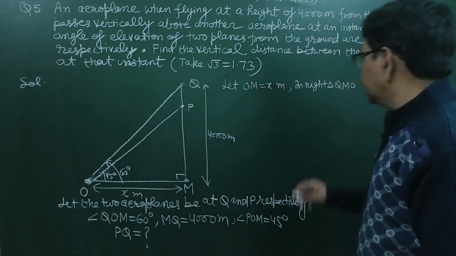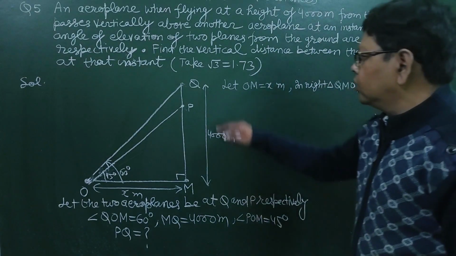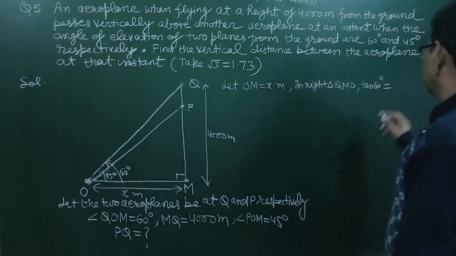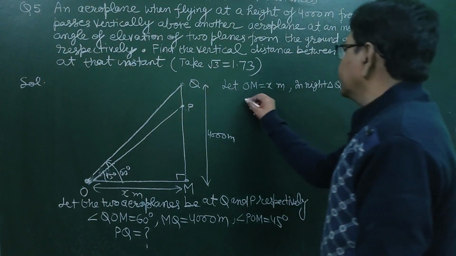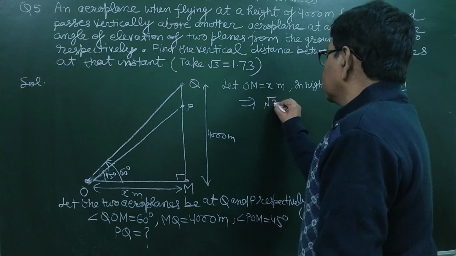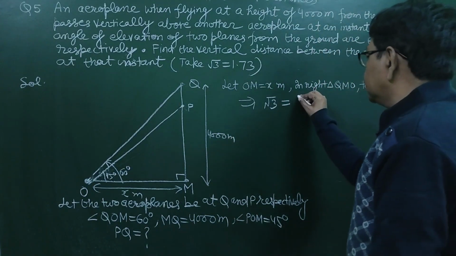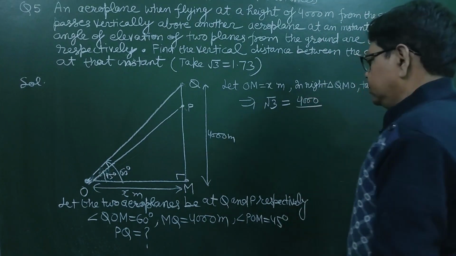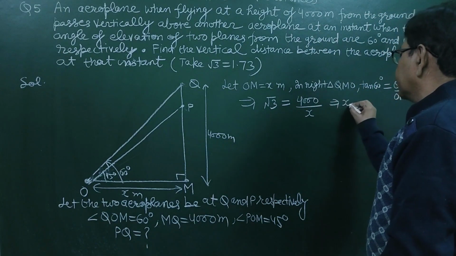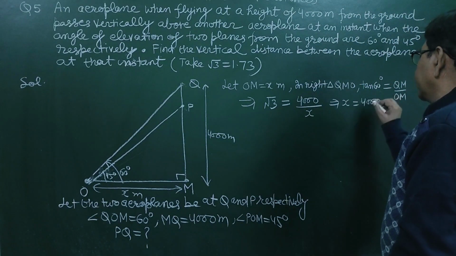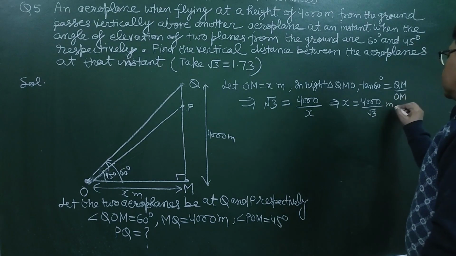So tan 60 degree is equal to QM upon OM, which implies that tan 60, which is under root 3, is equal to QM, this height given as 4000 meter, upon the base I have taken as X. So the value of X is equal to 4000 upon under root 3 meter.